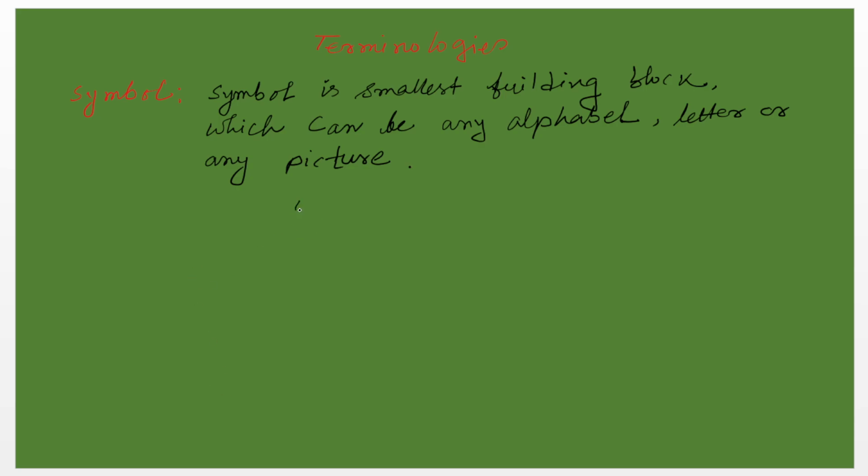For example, A, B, suppose C, 0, 1, all are basically symbols.